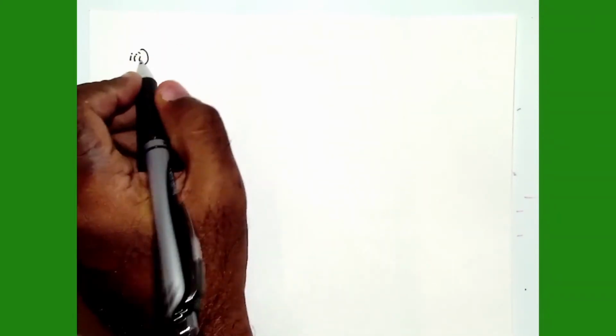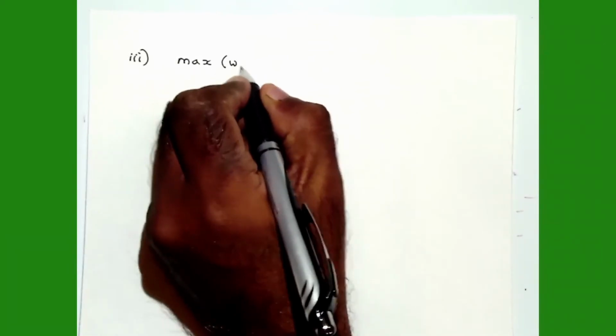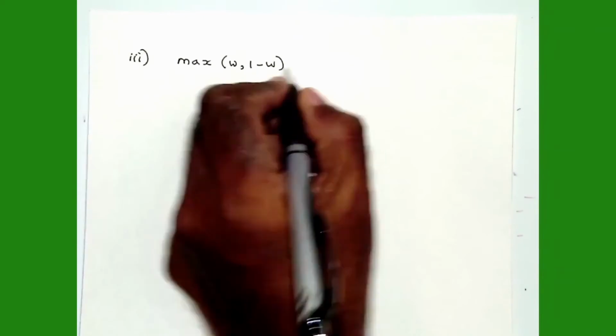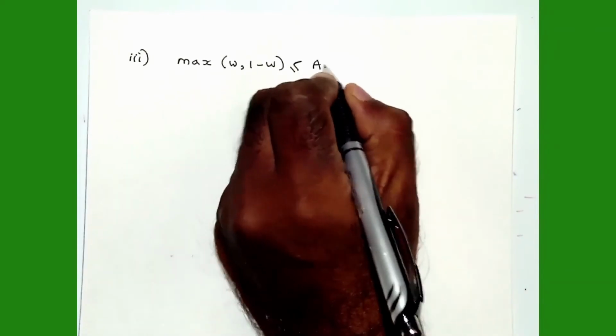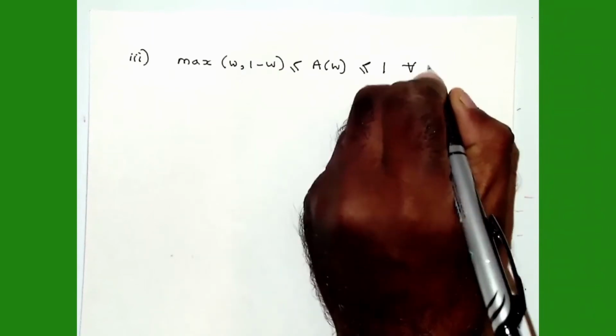Let's see how we can address condition 3. Let me write it down here. Condition 3 is that the max of w and 1 minus w must be less than or equal to A of w, which must be less than or equal to 1 for all w.